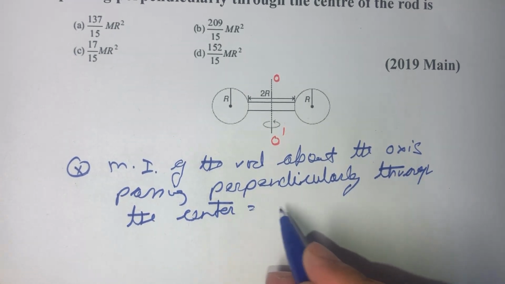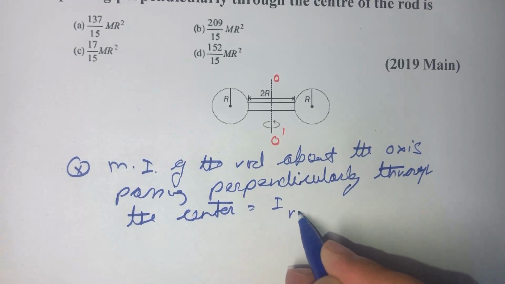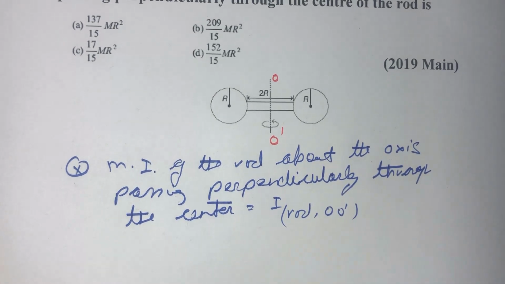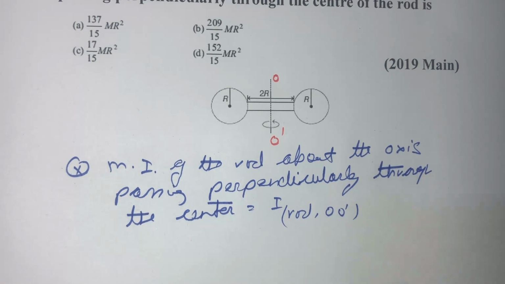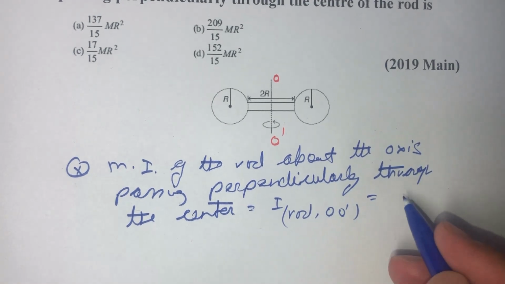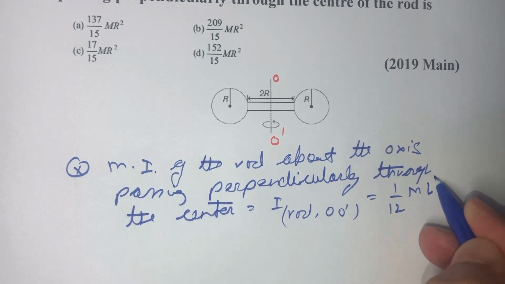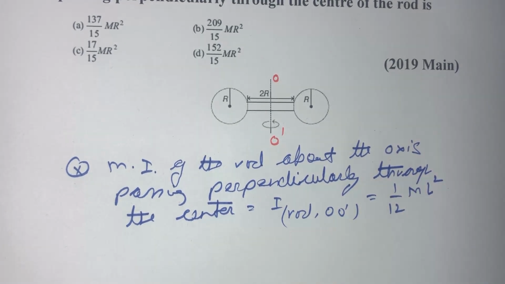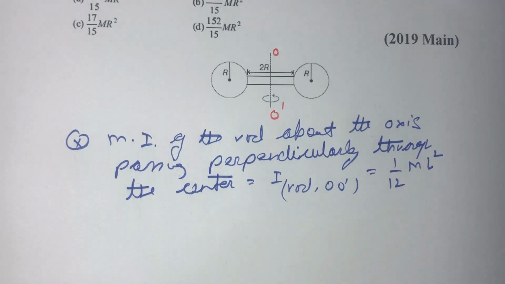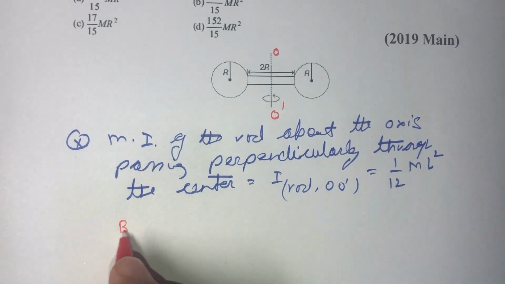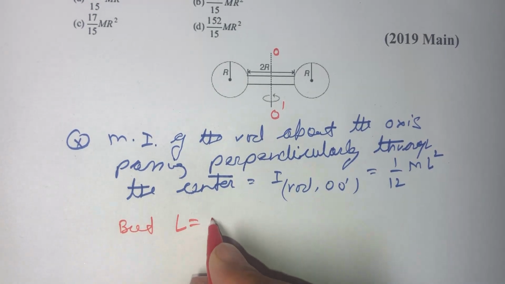Let us suppose this is given as I rod with respect to axis OO prime, and this formula is 1 by 12 ml square, where L is the length of the rod. Now in the question, the mass is m, but the length of the rod is given as 2r. So length is equal to 2r.